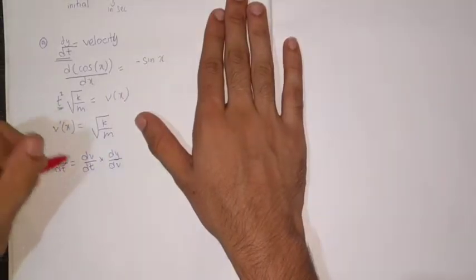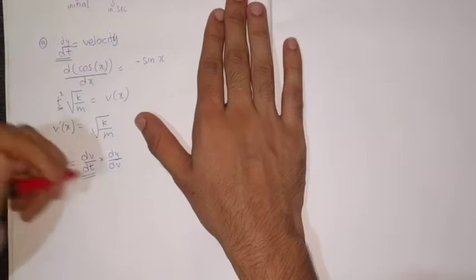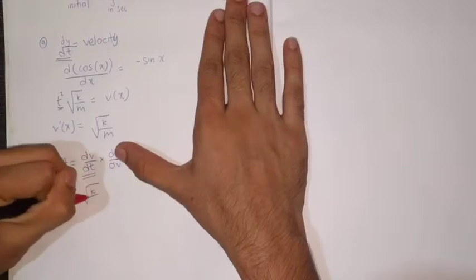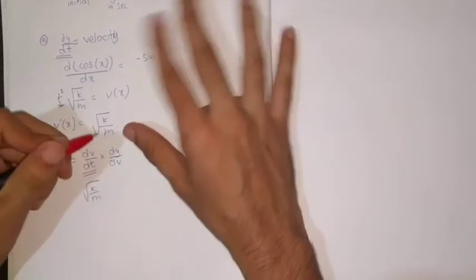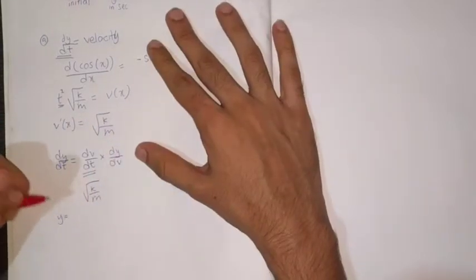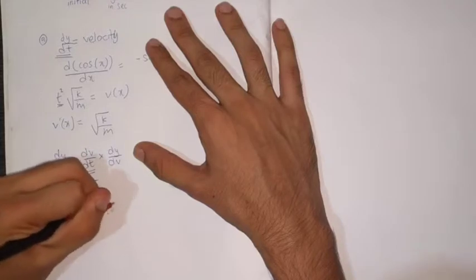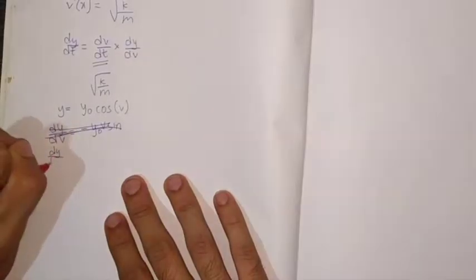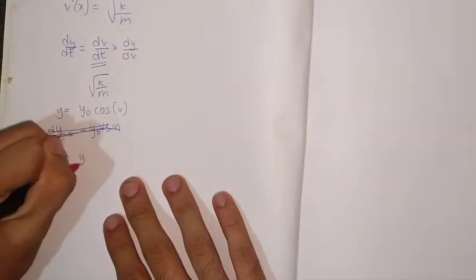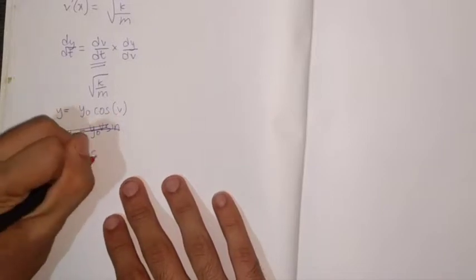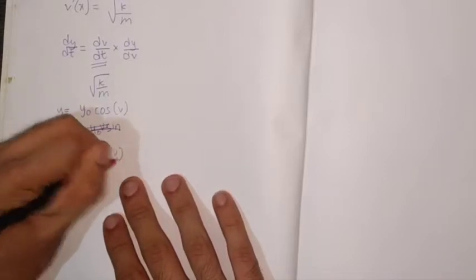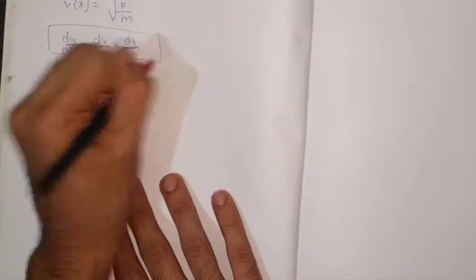So we know that v dash of x, which is dv by dt, is root of k by m, and we know that y is equal to y naught cos of v. That dy by dv is equal to minus y naught sine of v. We now use this formula.